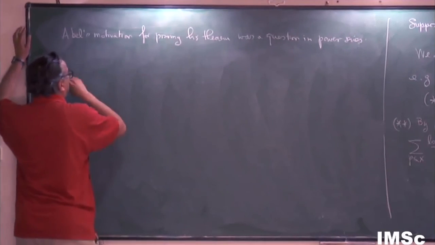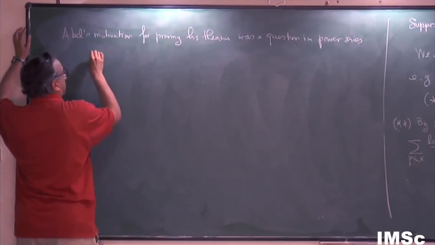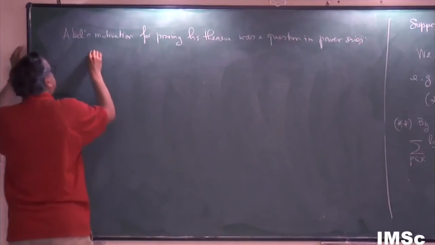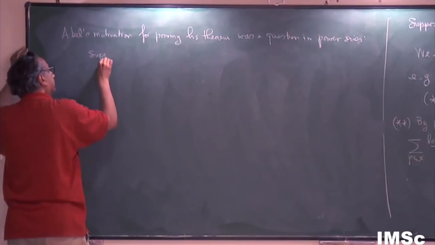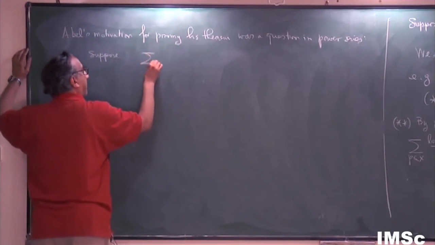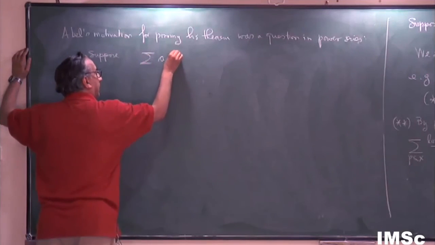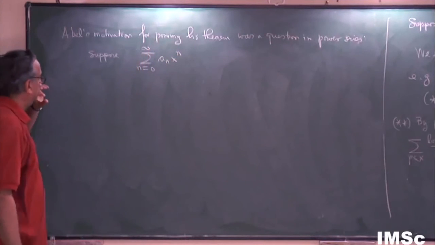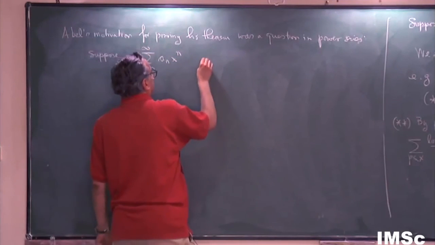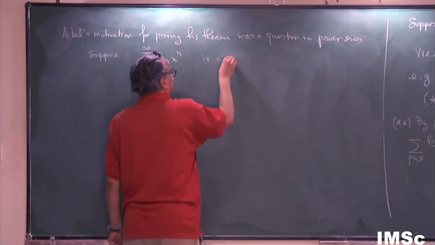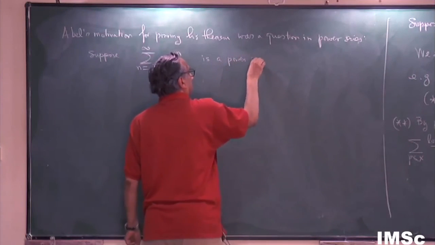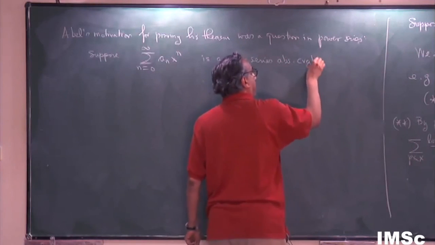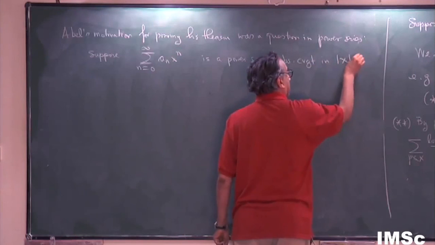So suppose, so basically let me try to explain that. So suppose this is a power series, absolutely convergent in mod x less than 1.